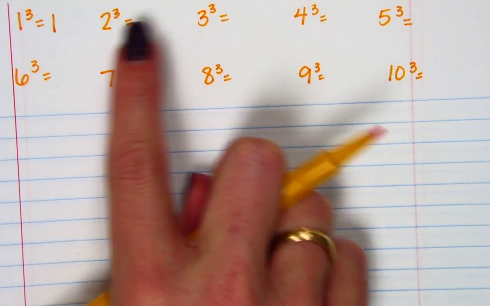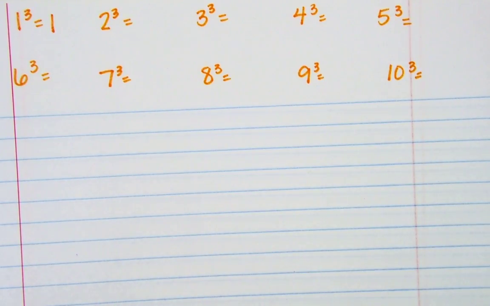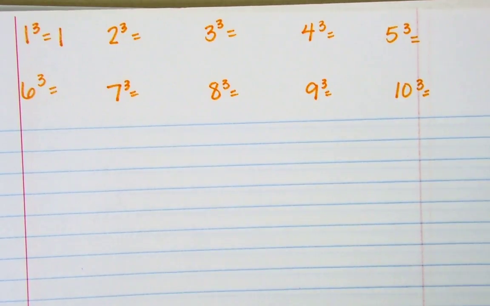Do 2 times 2 times 2, 3 times 3 times 3, 4 times 4 times 4, and so on, all the way to 10.